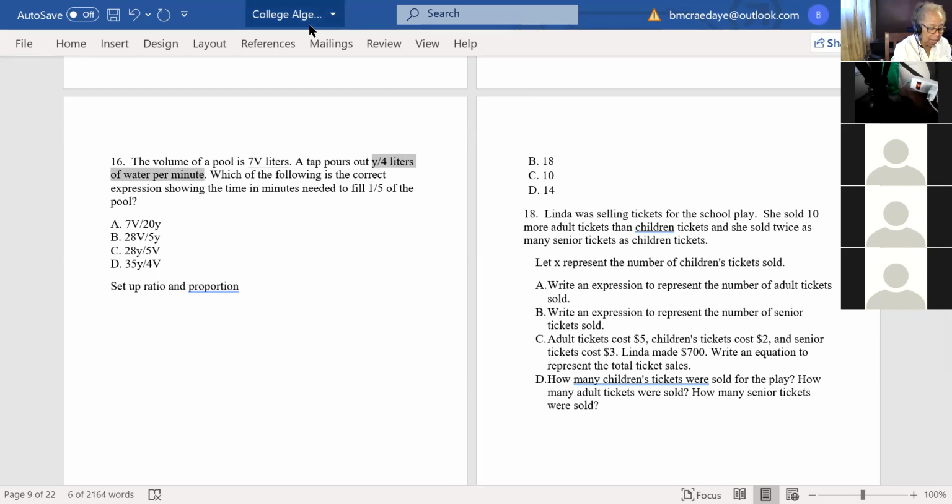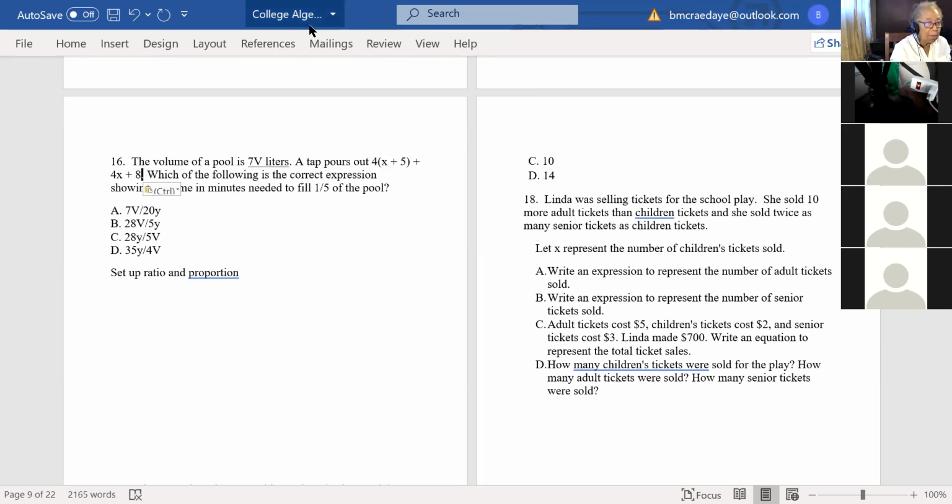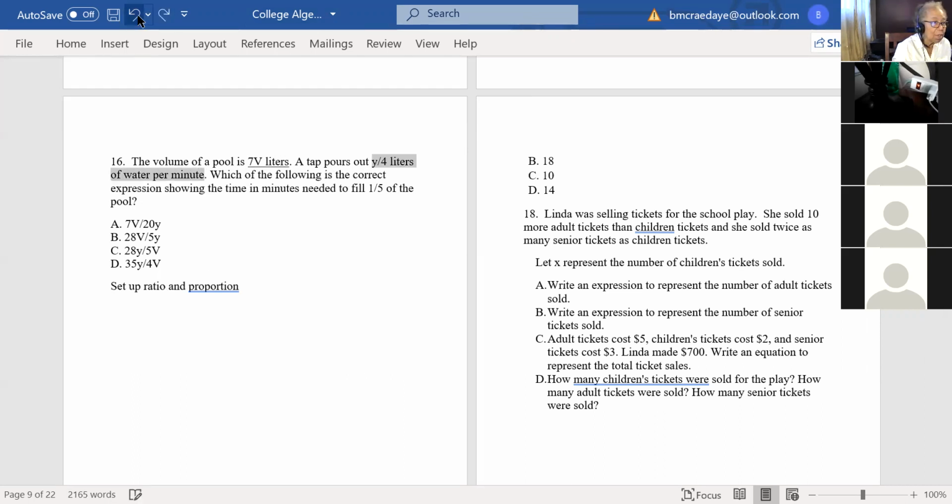So you've got to know that. So the volume is 7V, pouring out Y over 4 liters per minute, and you're filling 1/5 of the pool.